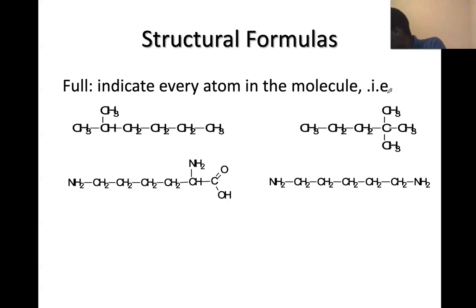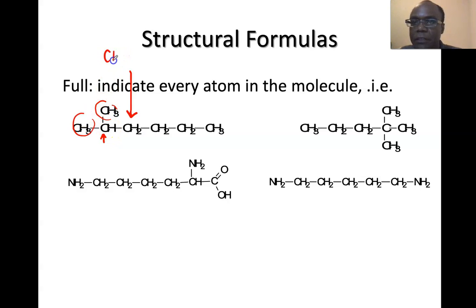Alright, so that's it. We need to know how to draw structures. These molecules, the way they're drawn, you can see they're just too busy. Usually, we don't want to show all these hydrogens, or too many bonds. So one would say, I could condense this structure, and say this first carbon right here is bonded to two CH3s.